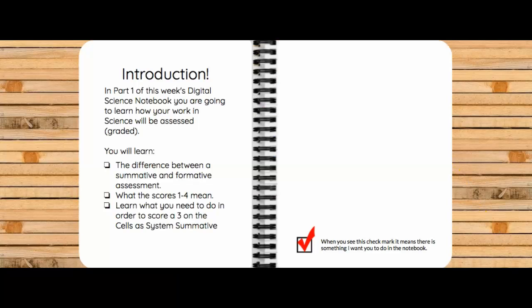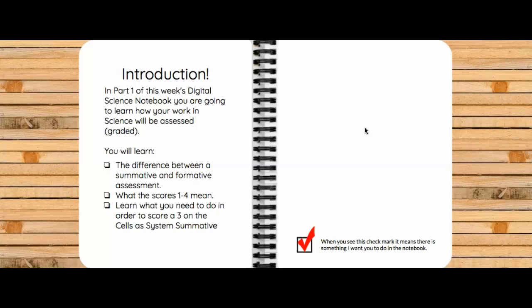Okay, so on the first page of the slide is the introduction. The video will be plopped in right here. It says in part one of this week's notebook, you are going to learn about how you're going to be assessed in science. Okay? You're going to learn the difference between a summative and a formative assessment. You will learn what the scores 1 through 4 mean, and you're going to learn what you need to do in order to score a 3.